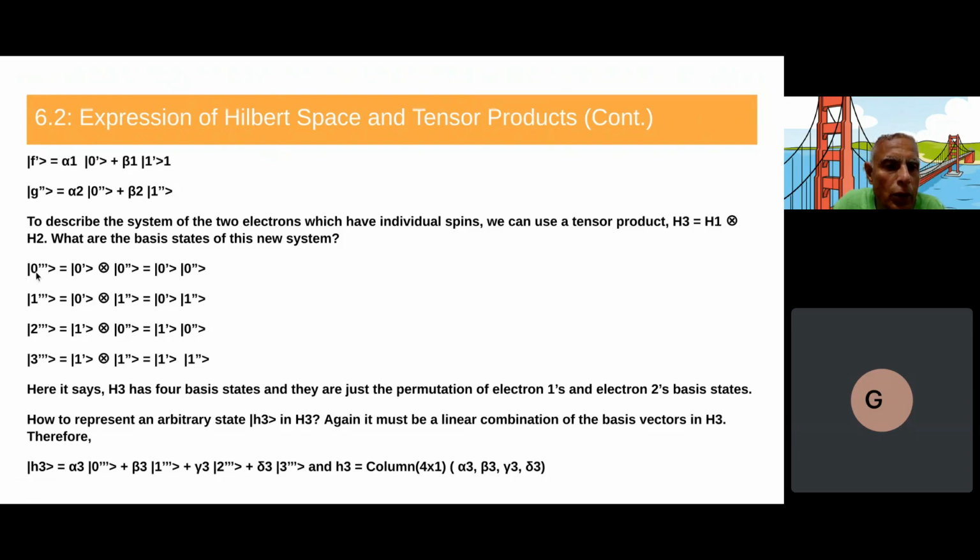It is easy to comprehend that we have got 0, 1, 2, 3 as the final states, which are combinations of the 0, 1 of the individual H1 and H2 spaces, to arrive at the final space. And remember, dropping the tensor product symbol is very normal.